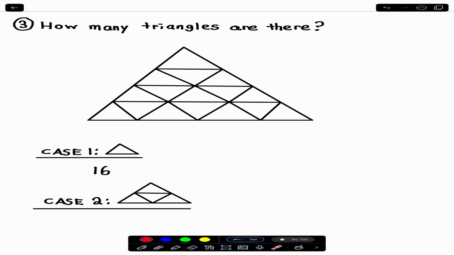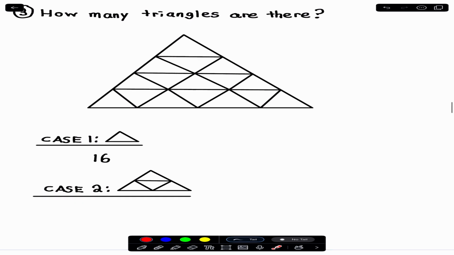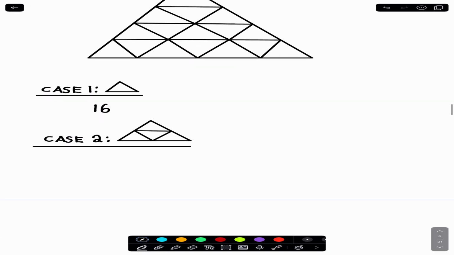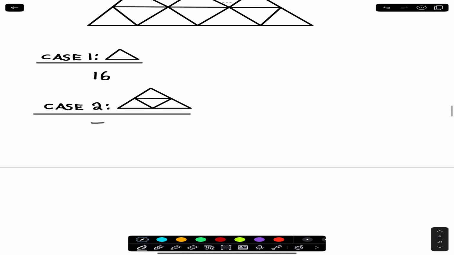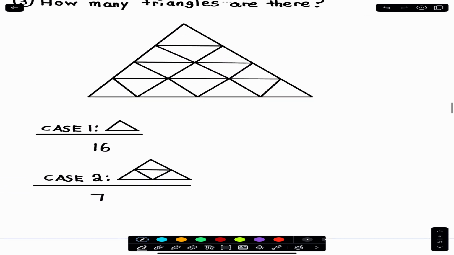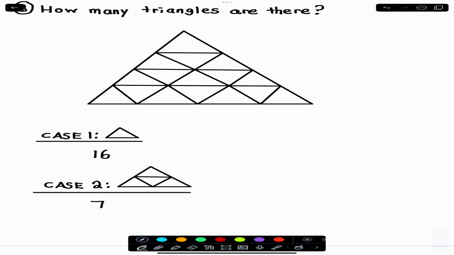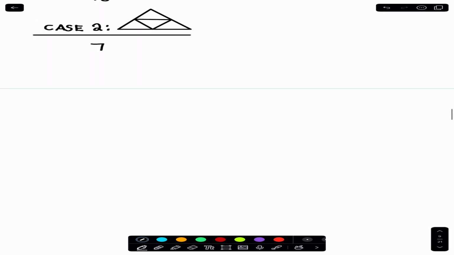This one might be a little bit trickier because it's not as obvious, but we do actually have one more hiding here. It's just upside down. So there are actually 7 of these. You're going to have to sometimes change your perspective. Either that means tilting your head to the left or right, or looking at things upside down. Cannot miss that one, otherwise we get the wrong answer.